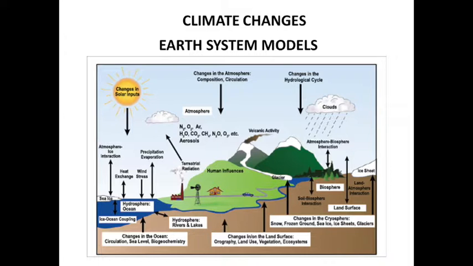If we change the landscape, or if we change the vegetation, this will have an impact on the evaporation. And so there are many, many changes that we need to look at in a climate model or in an Earth system model.